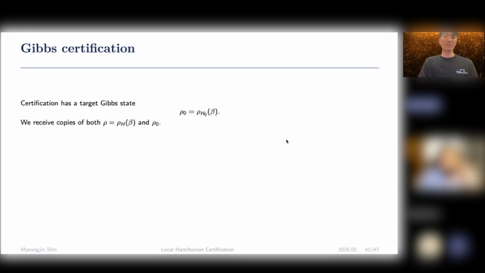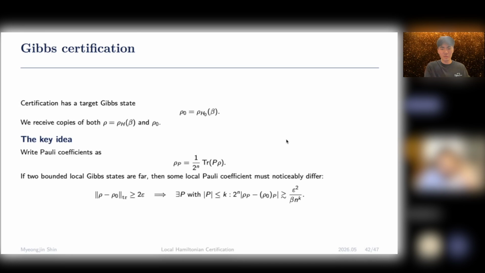And for certification, you might have noticed that we have a given H0. So we do not have to search all the candidates. We just have to have a guarantee that it's far or close. So by using the relation that we use in the learning algorithms, we can get this result.